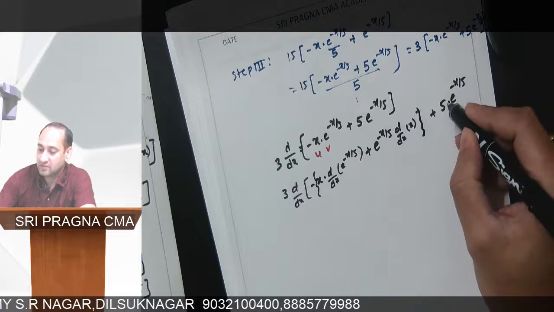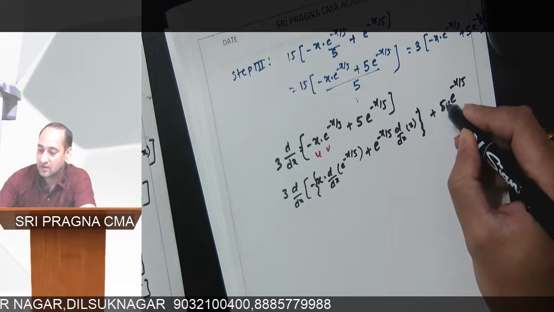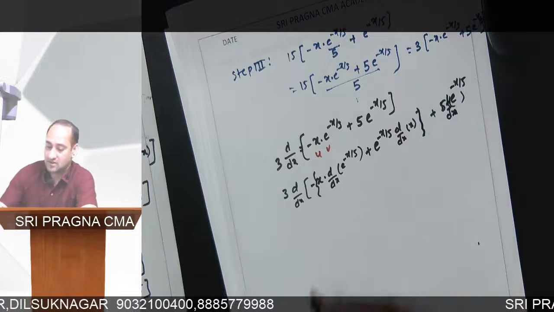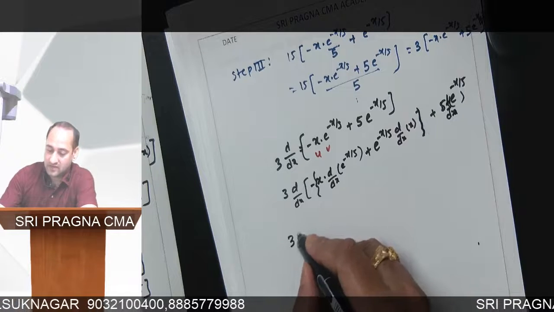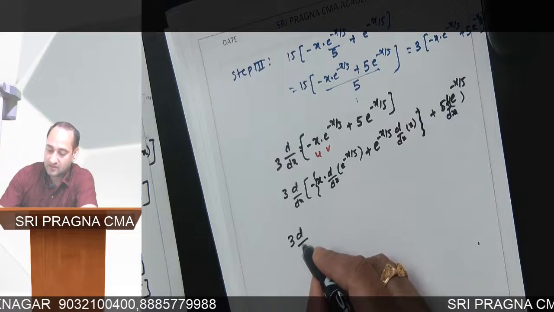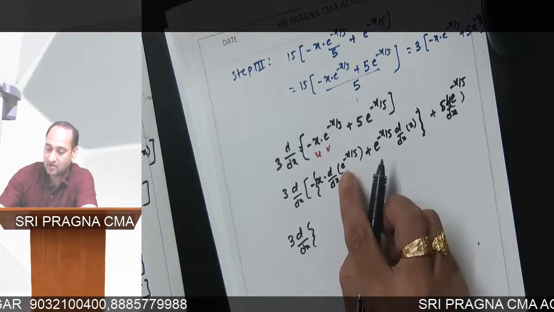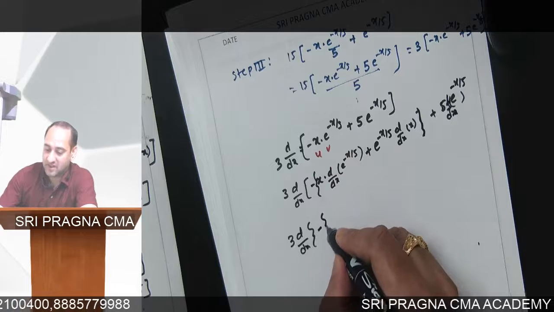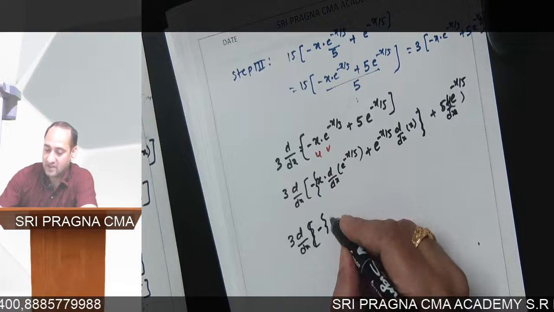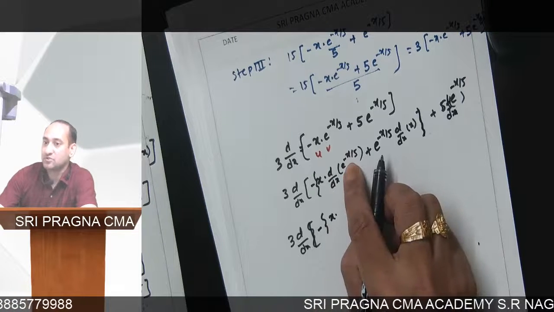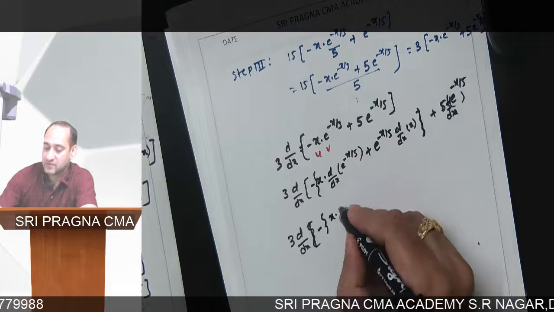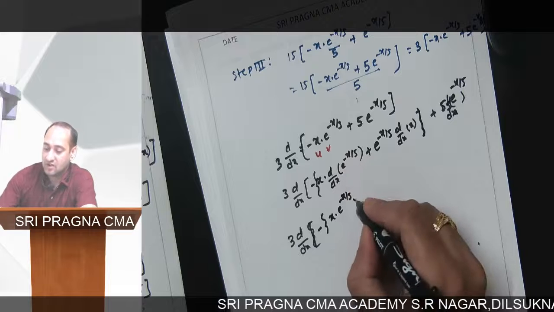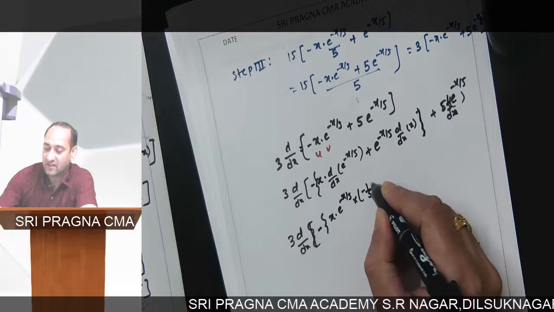So let me put it like this. d by dx. Now 3 d by dx. Now I am going to do the differentiation. I am putting the minus in a bracket only. Minus x into, I am going to do the differentiation of this number, e to the power minus x by 5 into minus 1 by 5.